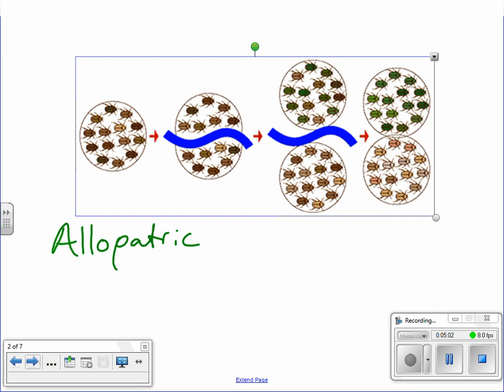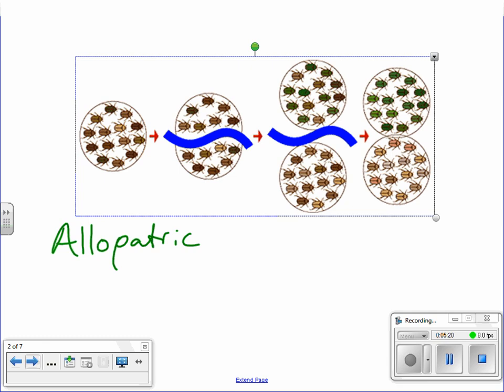What happens is organisms get separated into two different areas of maybe the same habitat, but now they're in two different populations. Those two new populations will then experience drift because the population size has decreased.